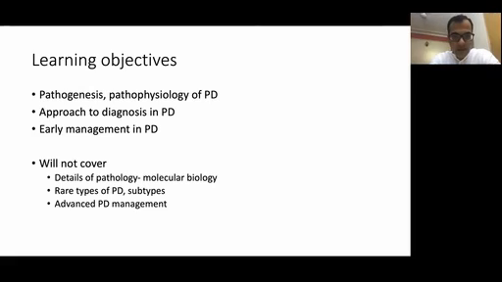A lot of new things have been discovered or rediscovered, emphasized in the last few years. We'll not cover those. We'll not cover rare types of Parkinson's disease. We'll maybe a little bit touch on the subtypes of Parkinson's disease, but not delve too much inside. Additionally, we'll learn a little bit about advanced Parkinson's disease management, maybe just a slide or so.